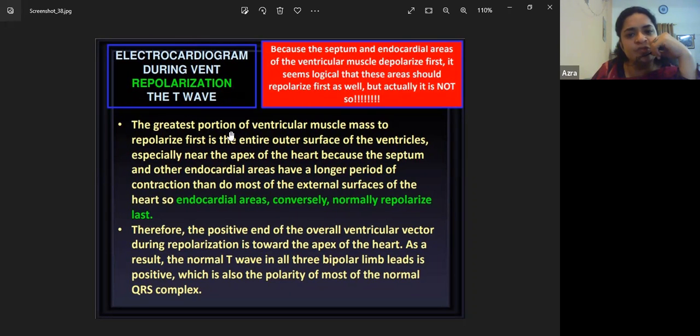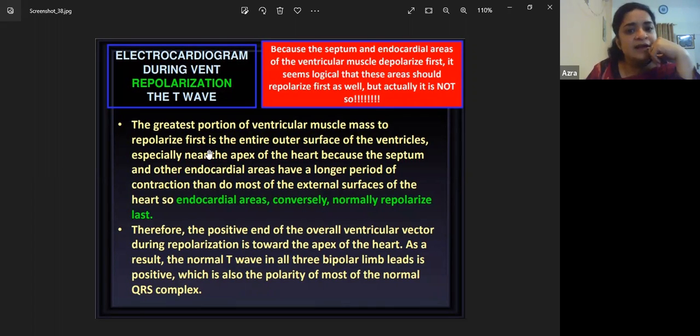The greatest portion of the ventricular muscle mass to repolarize first is the entire outer surface of the ventricle. Just remember the ventricular muscle mass repolarizes.